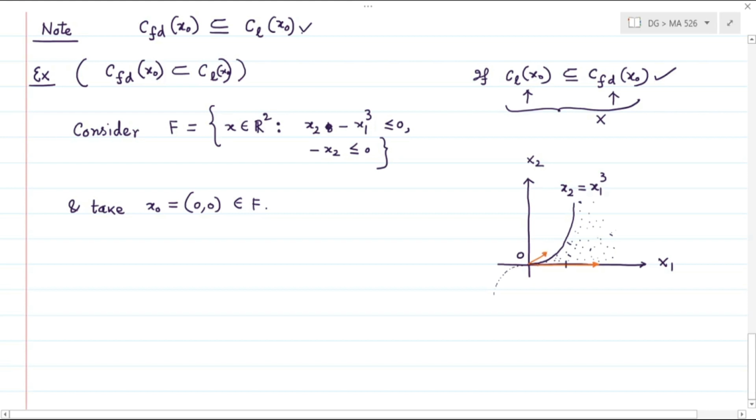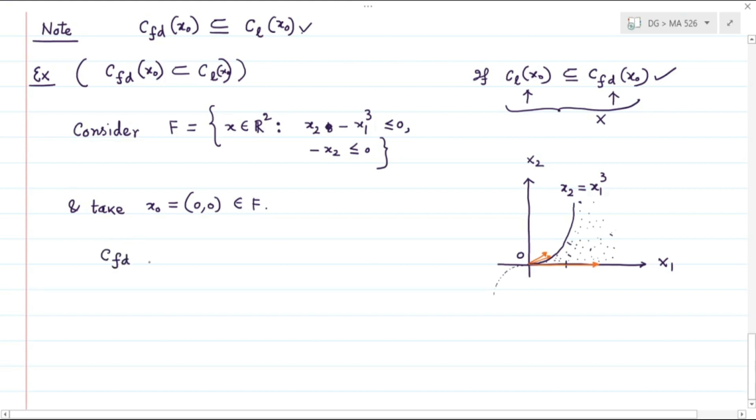Any other direction in the first quadrant is not a feasible direction, because it will lead me outside of the feasible region. So here the positive x1 axis is the feasible direction.